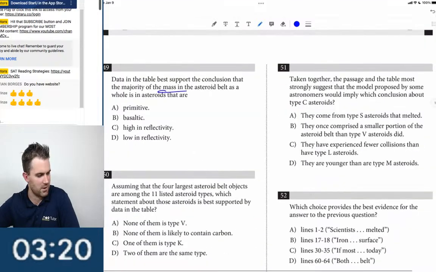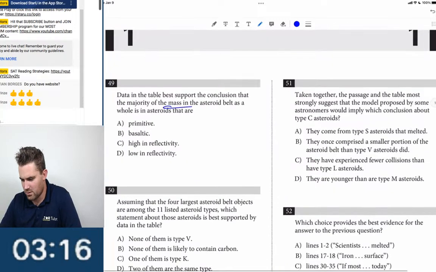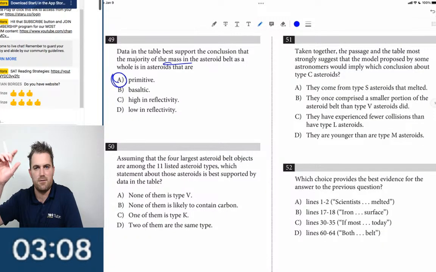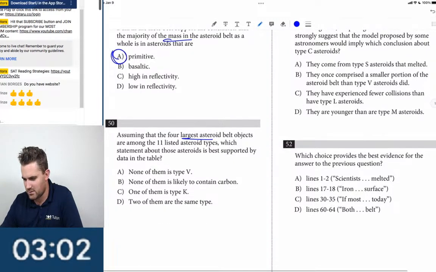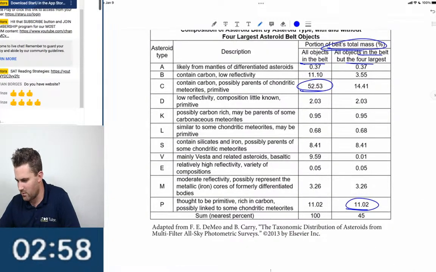Oh wait, no. Data in the table. Yeah, they're all primitive, because that was like 50 or 14 and 11. They mentioned primitive. The four largest asteroid belt objects are among 11 asteroid types. Table, four largest. Primitive.